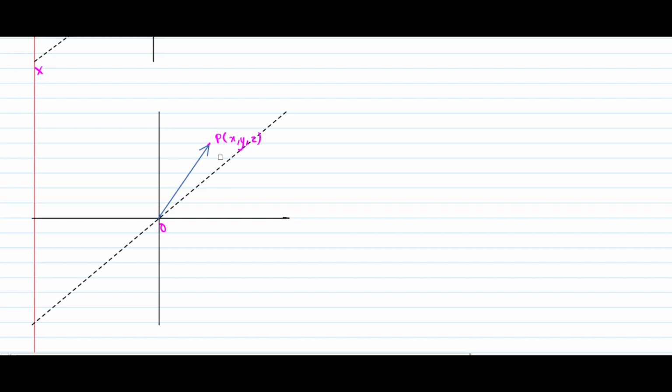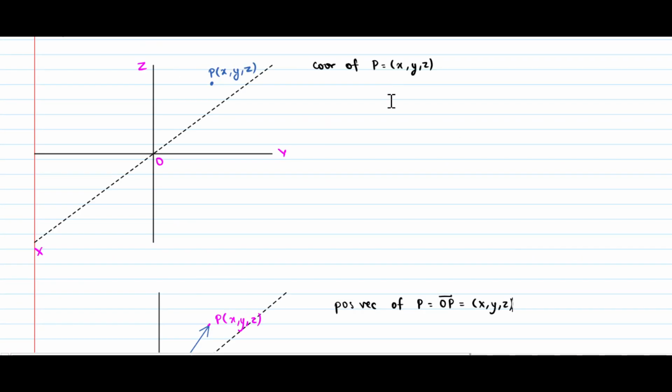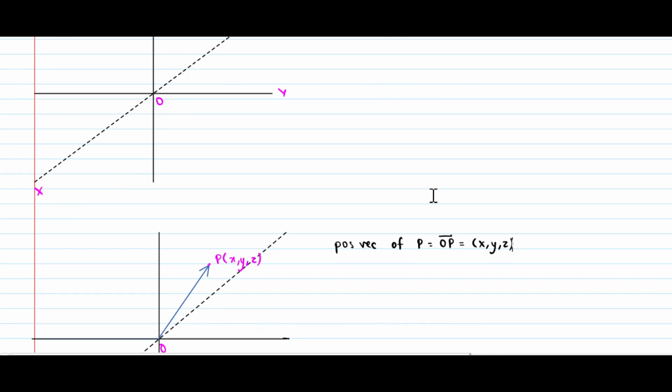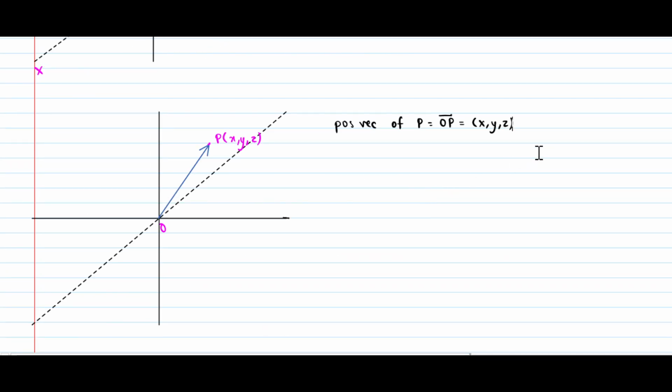Then we would say that the position vector of P, also represented as OP with a vector symbol, would be x, y, and z. So even though the representation is the same, the meaning is different. In one case we are talking about the coordinates of P, whereas in the other we are talking about the position vector.